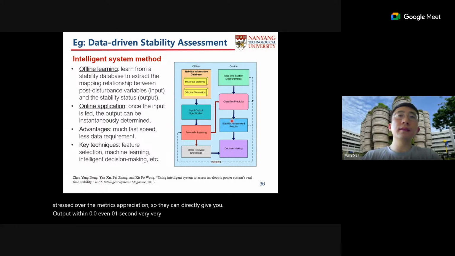Based on the stability assessment results, we can do the control, either preventive control or corrective control. Besides, the knowledge extracted during the offline machine learning process can also be used during this decision-making process. So this is the general principle or architecture of this intelligent system-based, data-driven stability assessment.